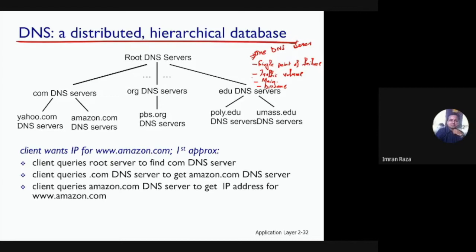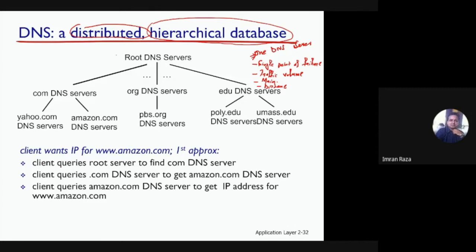So that's why we need to implement the domain name system as a distributed and hierarchical database, right? Where there are three classes of DNS servers.